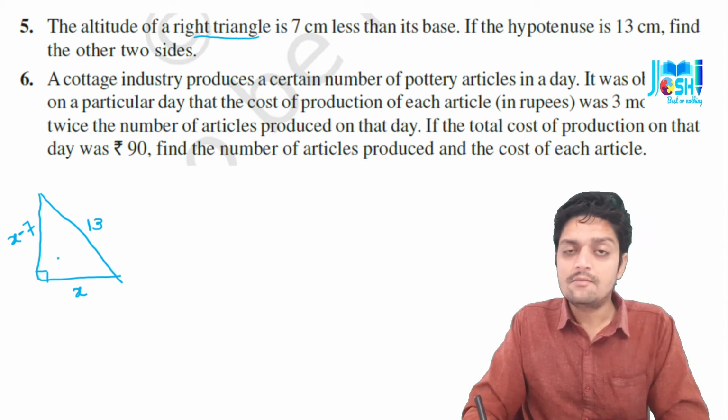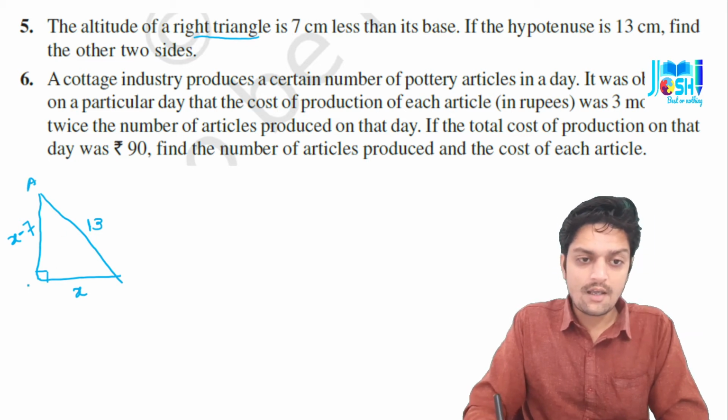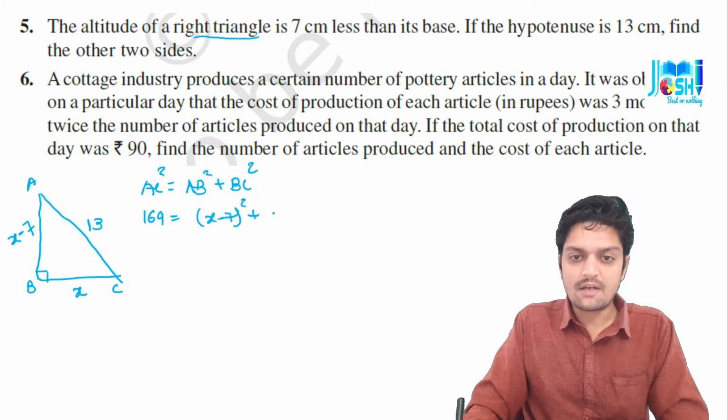Then here you can apply Pythagoras. So let us call the vertices A, B and C. You can write AC square is equal to AB square plus BC square, and 13 square, which is 169, is equal to AB square, meaning x minus 7 whole square, plus BC square, meaning x square.